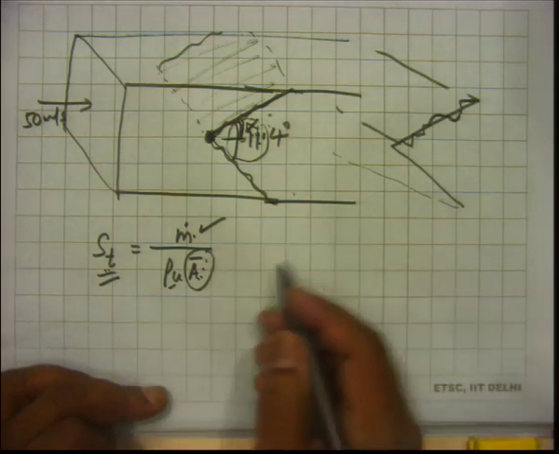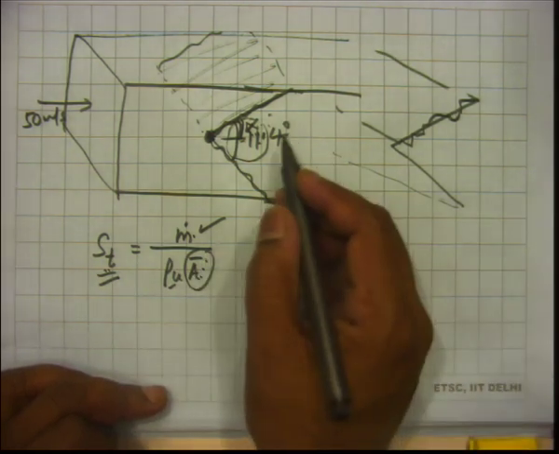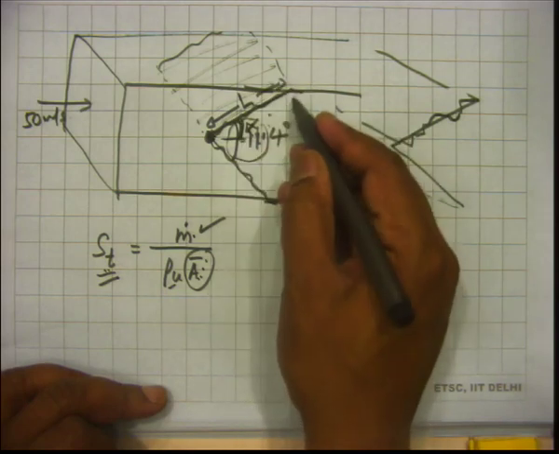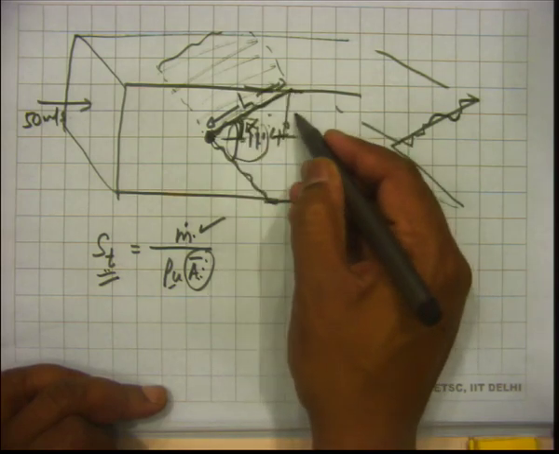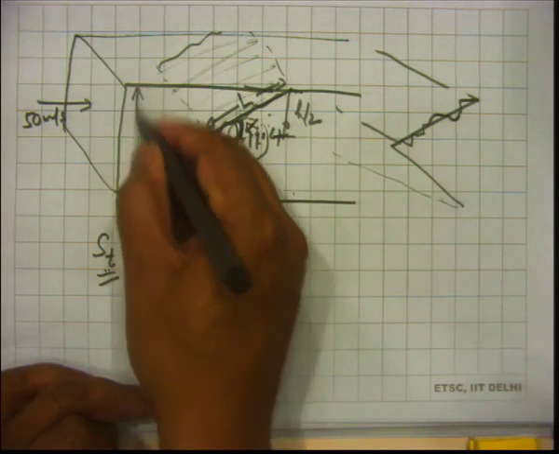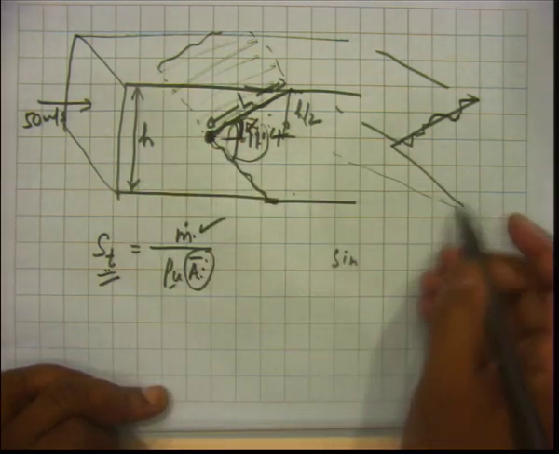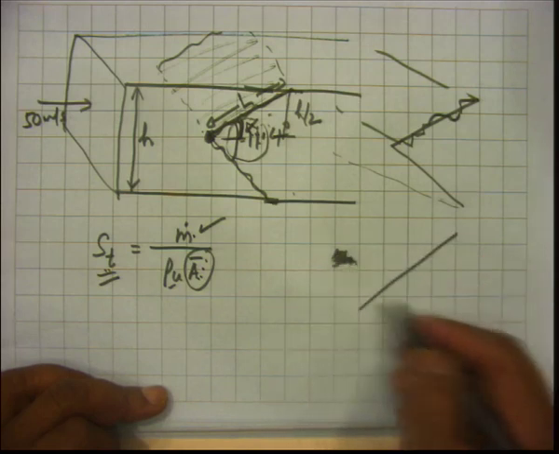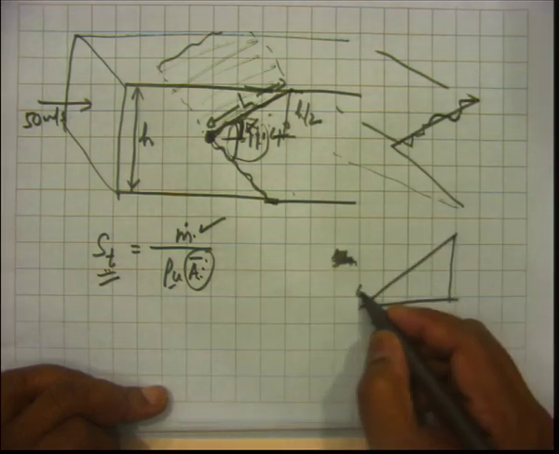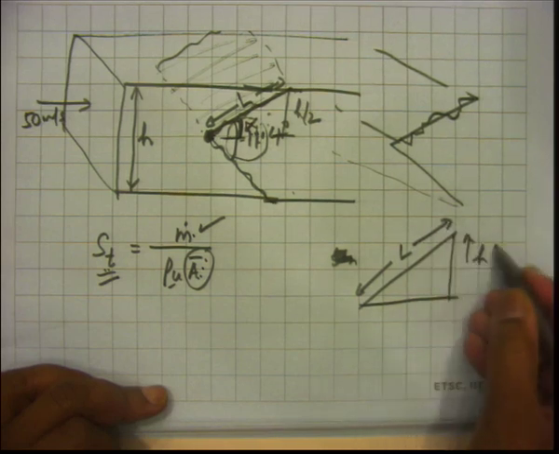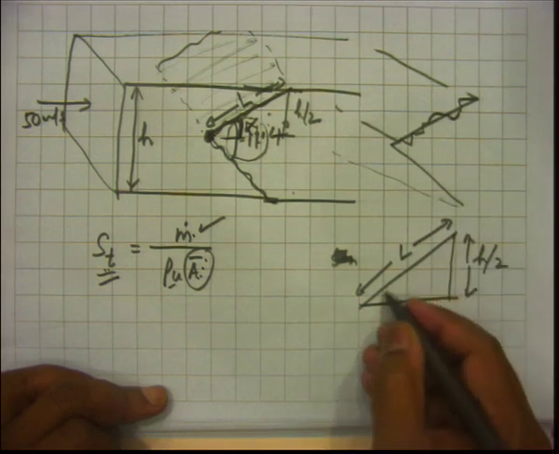So effectively we will get alpha when we write A bar, because if we call this L, for example, this is alpha and this is maybe h by 2. See, this is h, right? So sin alpha, maybe I should draw it better. This is L, this is h by 2, and this is alpha.